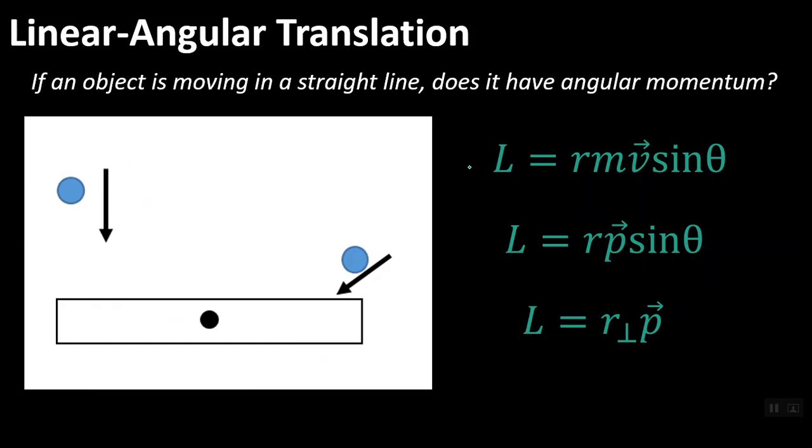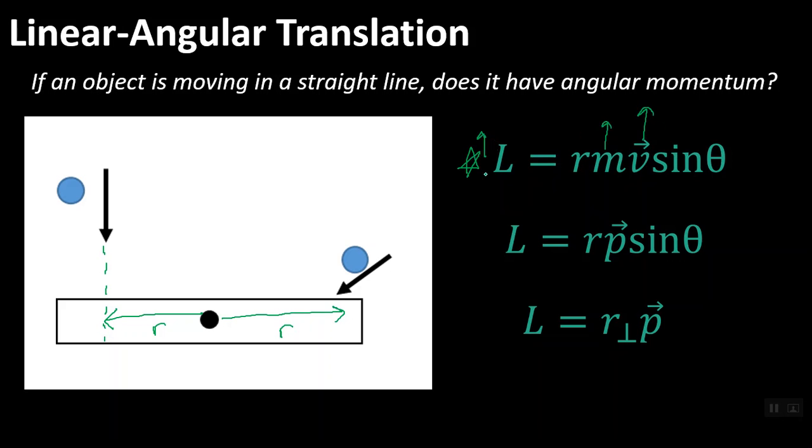So in the Flipping Physics video, they derived this equation for the angular momentum of an object. It depends on r, which is going to be this radial distance between where this ball hits the board and the pivot point. We have the mass of the object, so more mass will give you more angular momentum.